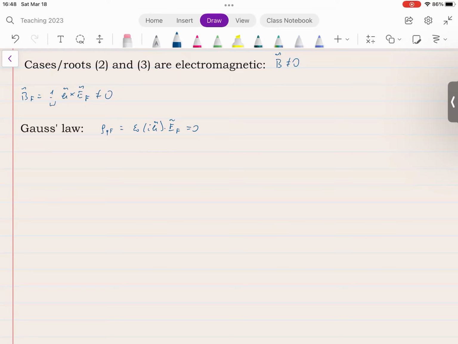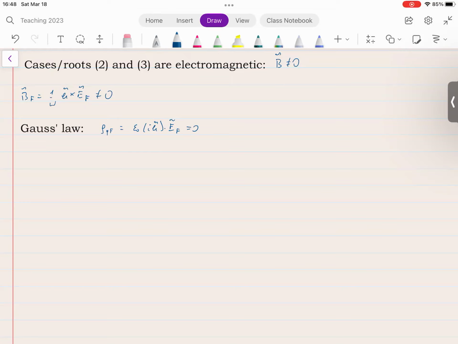But let's see that these quantities R and L really correspond to right and left polarized waves.